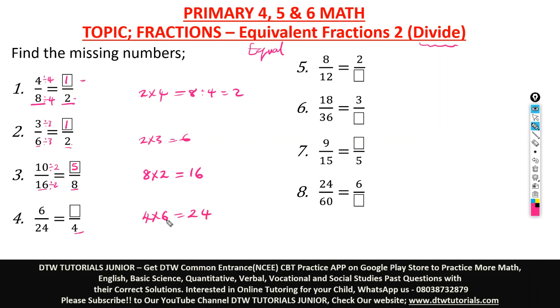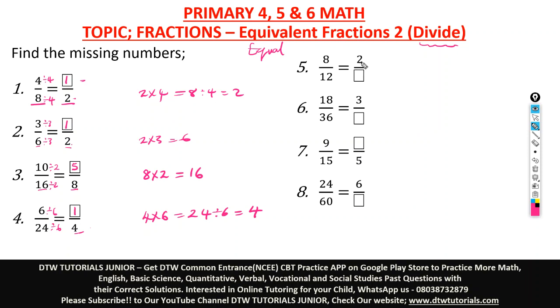So you can get how many 6 in 24? 4 6's. Multiples of 4 6's in 24. Okay, so it means that 24 divided by 6 gives you 4. So you do divided by 6 gives you 4. You also do divided by 6, which gives you 1. Do you see that?